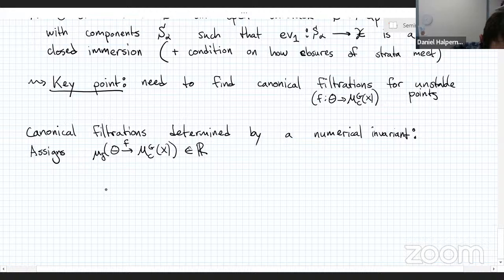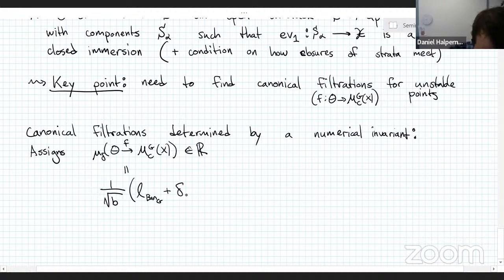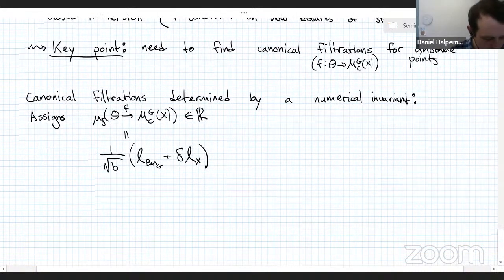So the formula looks like this. It looks like 1 over square root of B times L_BunG plus delta L_X. And I'll explain what these pieces of this formula are.